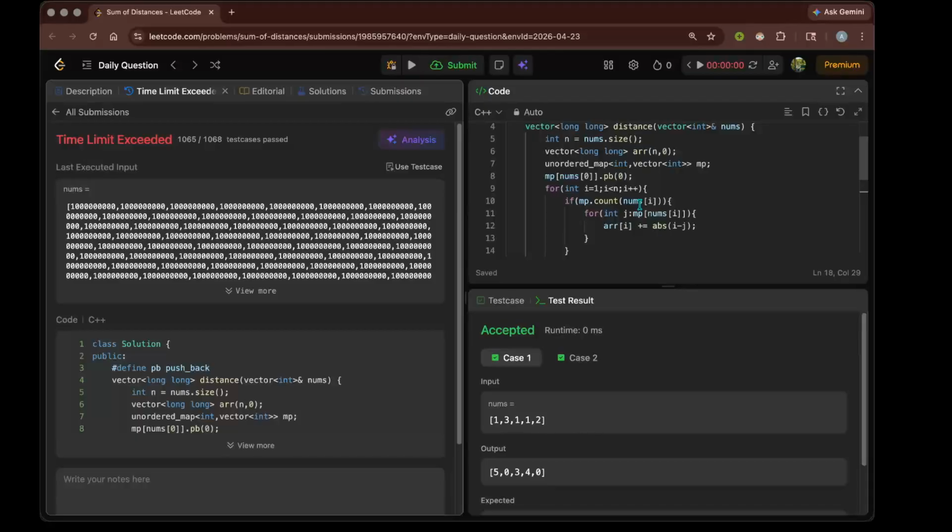Like the best we can find for this index is 2. So for the next index, it would be 3 plus what?